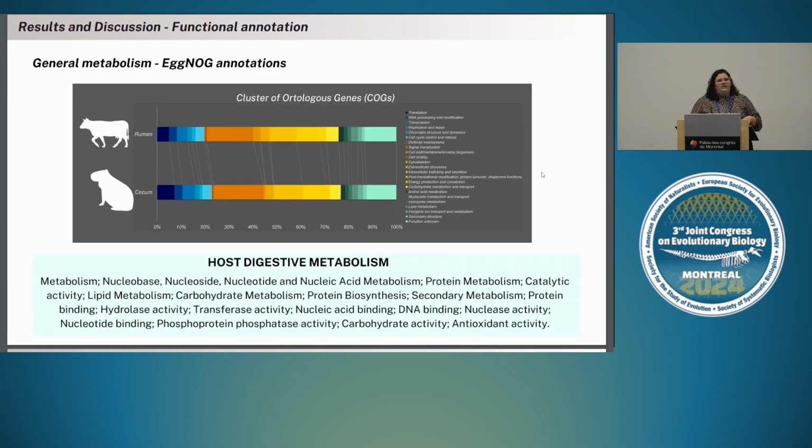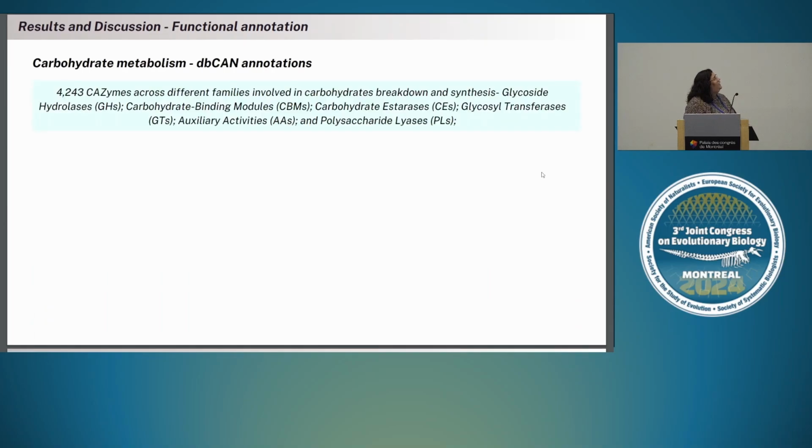Most of these genes are inserted in metabolic pathways related to the host digestive metabolism, which emphasizes the mutualistic character of these ciliates. However, although we do not observe significant discrepancies in the metabolic profiles of ciliates inhabiting these two distinct environments, we observe distinct functional profiles when we analyze specifically the carbohydrate metabolism.